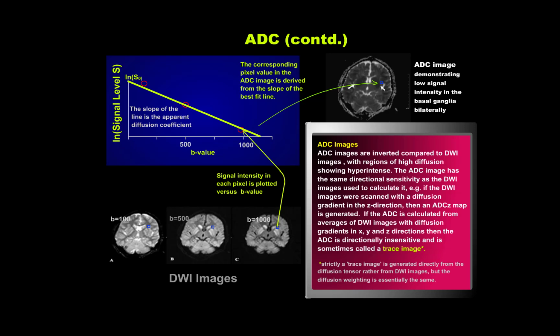So remember, it's going to be the inverse contrast to a DWI. In DWI, hyperintense means restricted diffusion. In ADC, hyperintense means more diffusion. But the whole reason we've done this is we've generated an ADC so that the image is more directly related to diffusion. It's not going to show that T2 shining through effect.